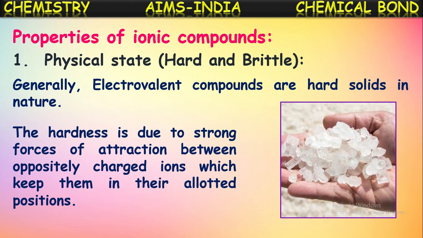For example, rock salt is a hard solid. Like this, all ionic compounds are hard solids. This is because of the tight binding of oppositely charged ions due to forces of attraction.